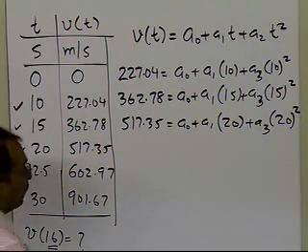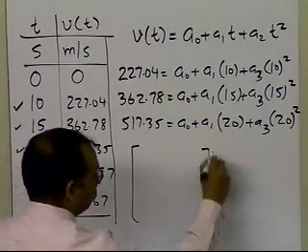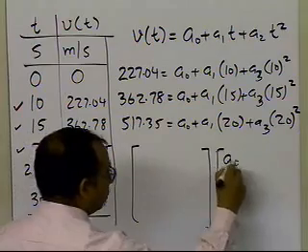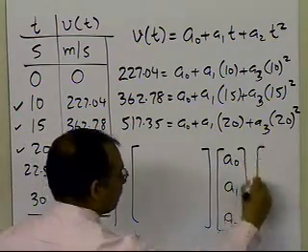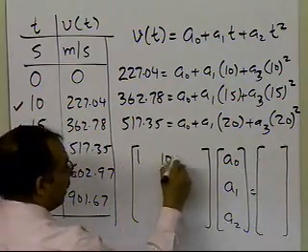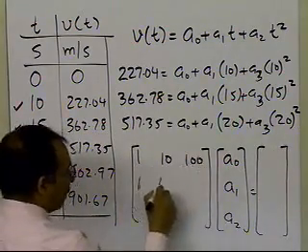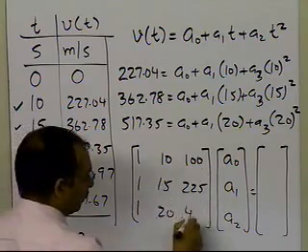So what this is going to do is give us 3 equations, 3 unknowns. So you can set them up in matrix form. If I set them up in matrix form, I have 3 unknowns, a0, a1, a2. And the coefficient matrix will be 1, 10, 100; 1, 15, 225; 1, 20, 400.